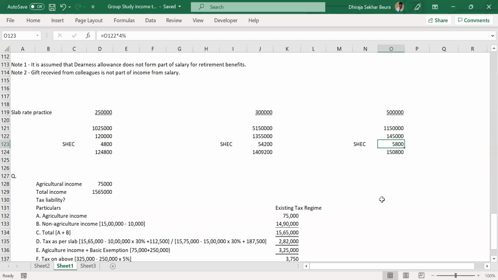Can you please calculate tax on 5,20,000? Age is 85, above age 80. Yes, above 80.